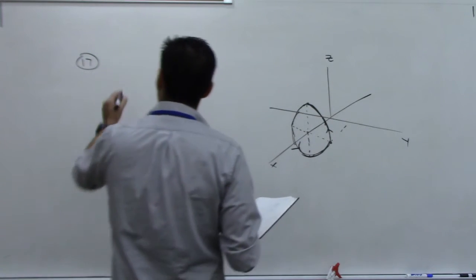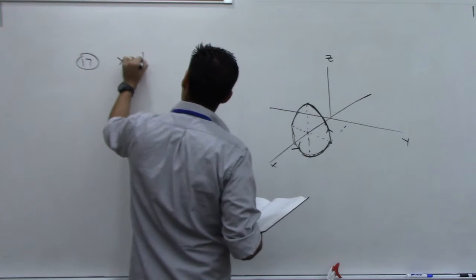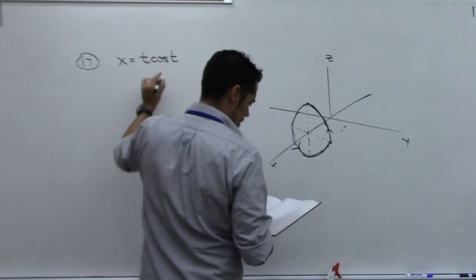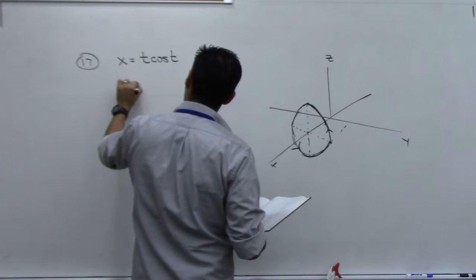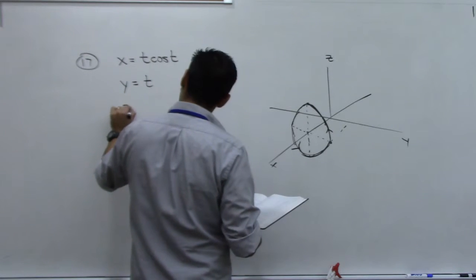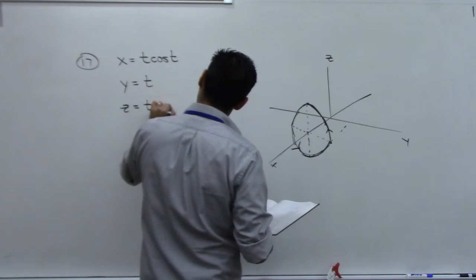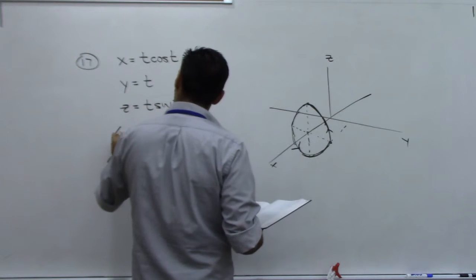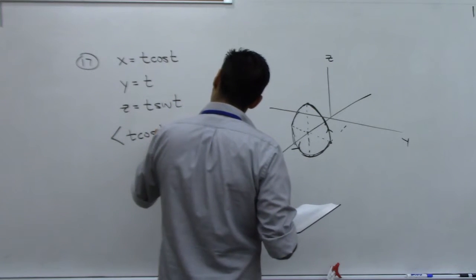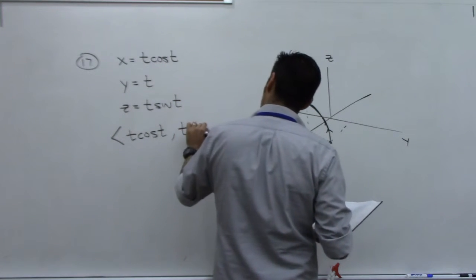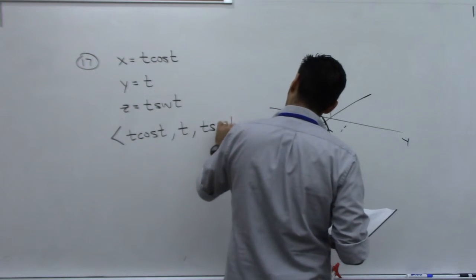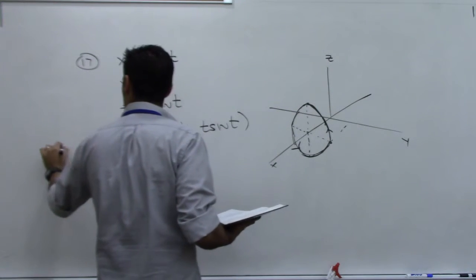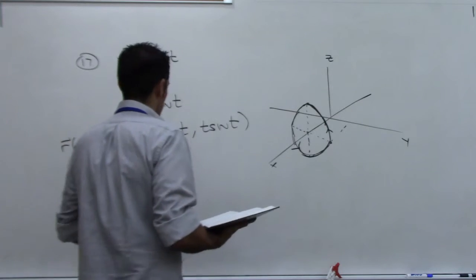What is x equals t cosine t, y equals t, z equals t sine t? There we go.